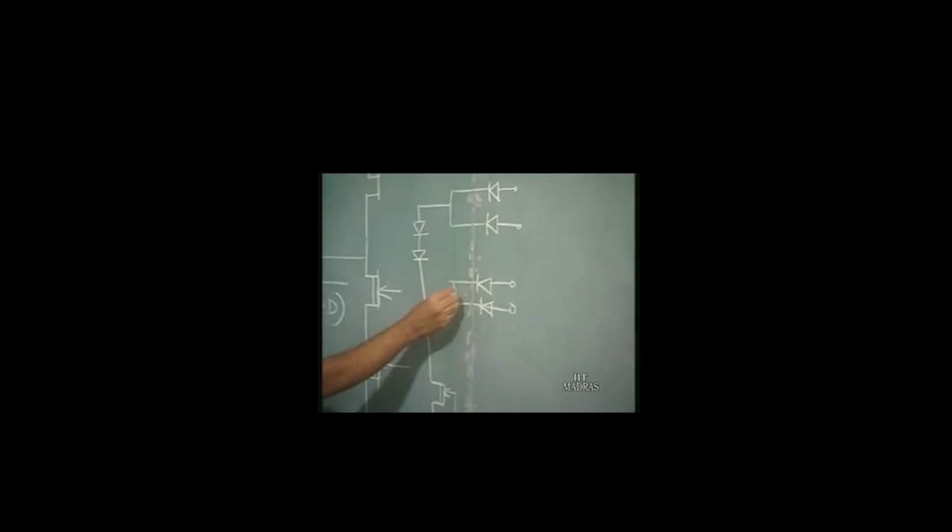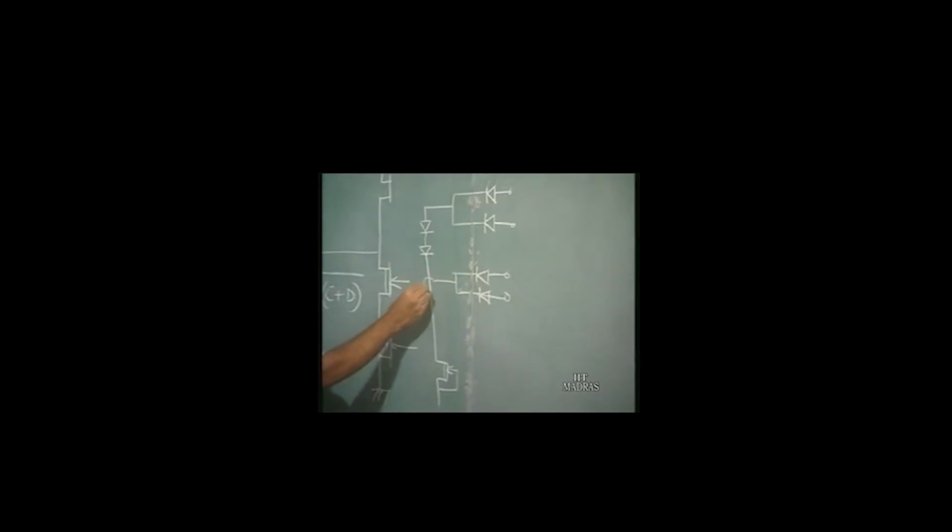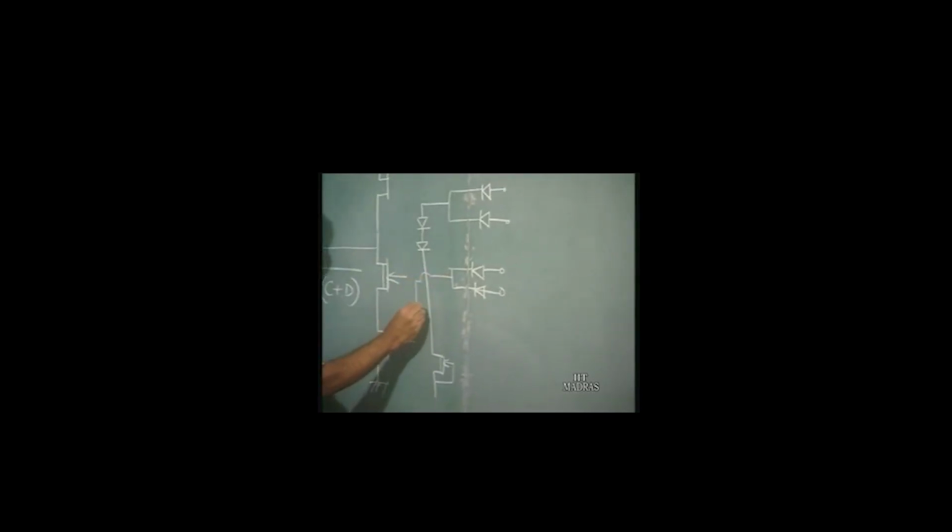Now similar to before, we have level shifting and a pull down transistor, and from here again you have another 2 diodes for level shifting followed by the pull down transistor.